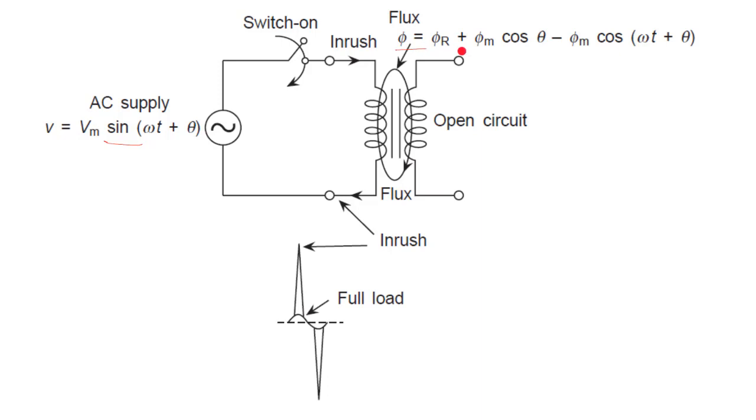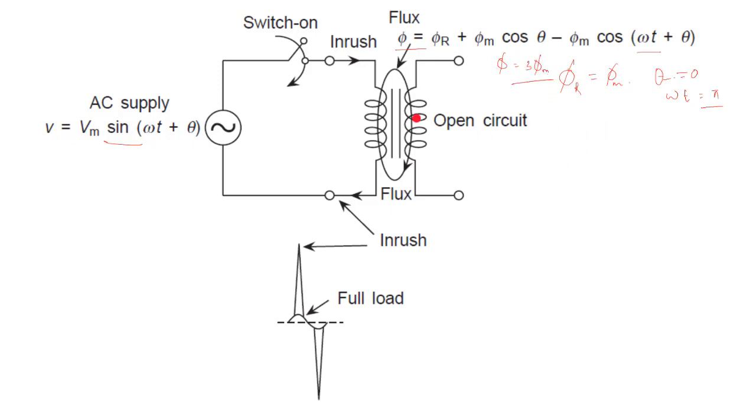When the flux is phi r plus phi m cos theta minus phi m cos of omega t plus theta, under the condition when phi r equals phi m, theta equals 0 and omega t equals pi, this flux will become 3 phi m, which is a very high value.